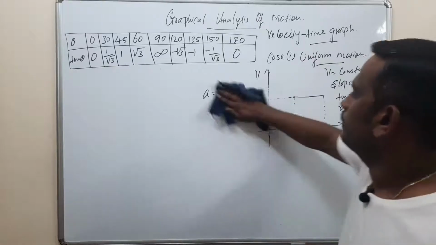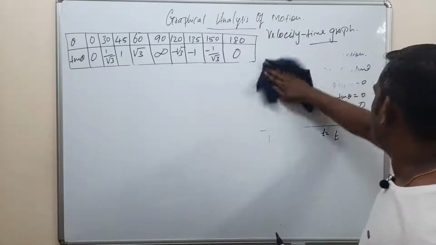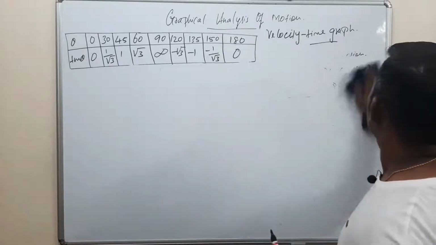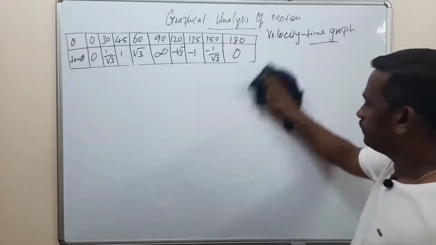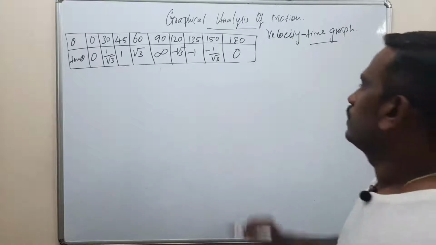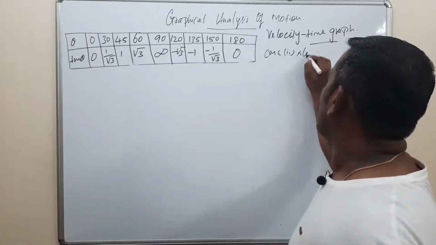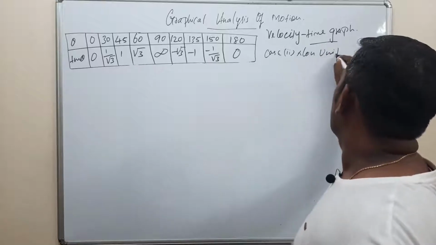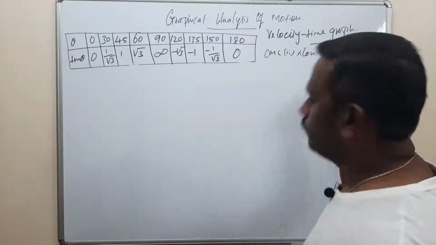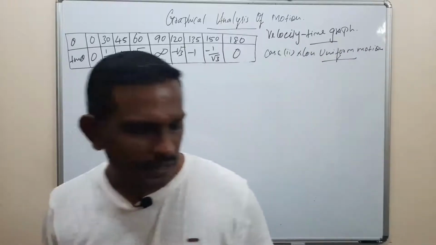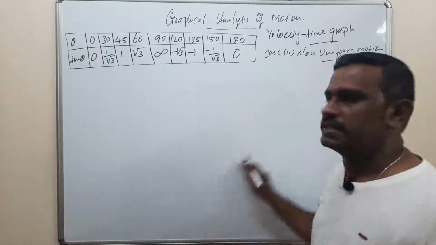Okay, so then non-uniform motion. Case 2, non-uniform motion. Non-uniform motion means velocity increasing or velocity decreasing.